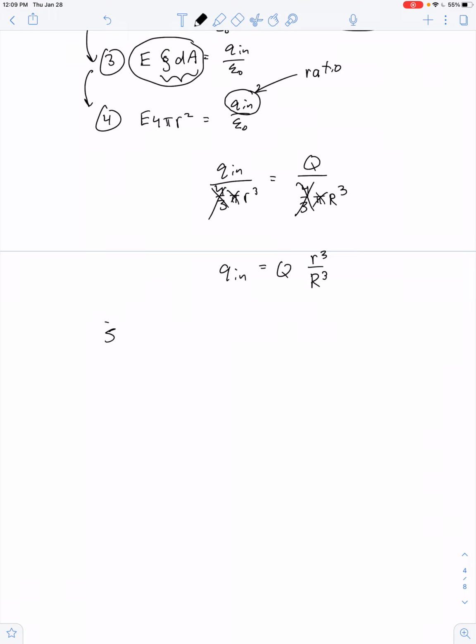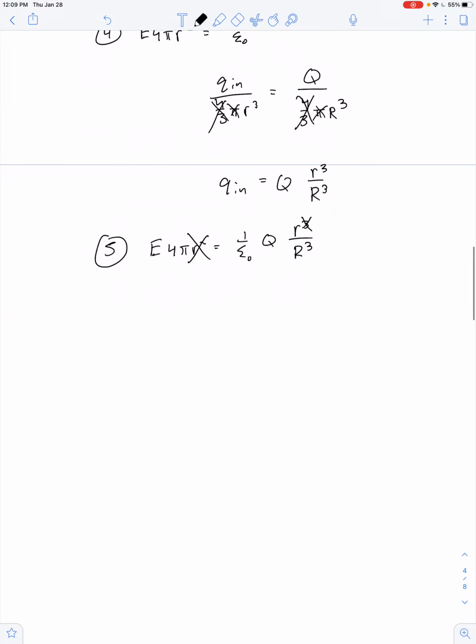So in step 5, we make that substitution. E times 4 pi r squared is equal to 1 over epsilon naught times capital Q lowercase r cubed over capital R cubed. So we can cancel out the r squared on this side of the equation with 2 of the powers of r here. And lastly, we get our result.